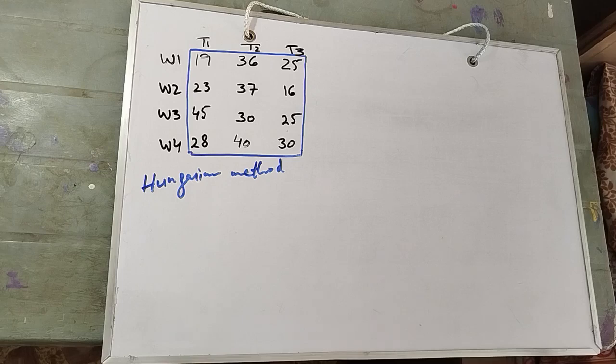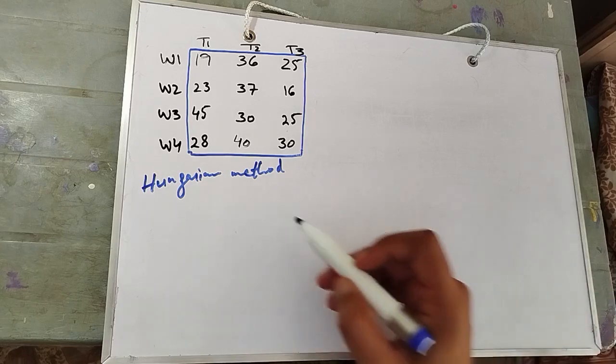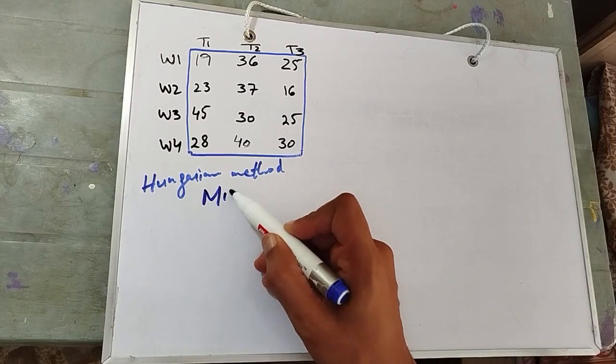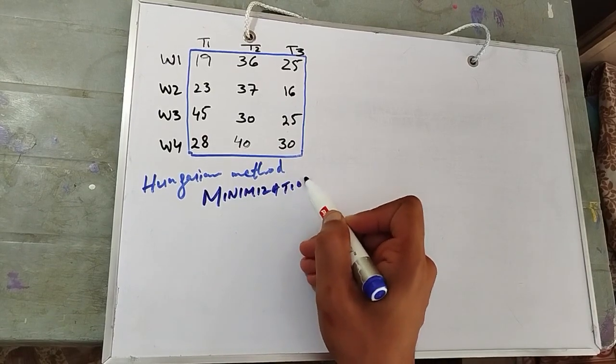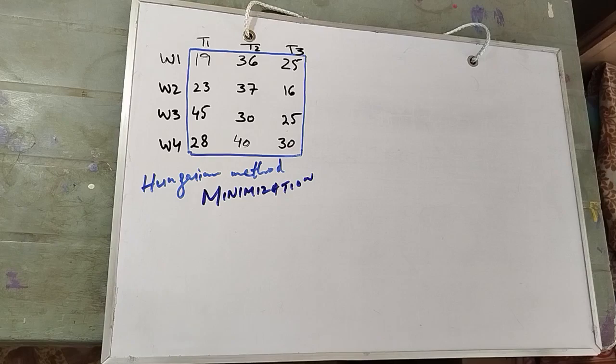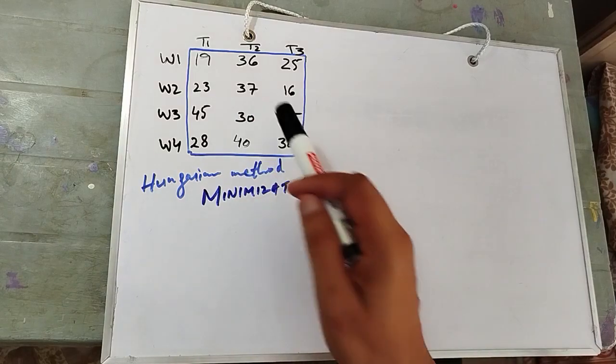It needs to be balanced so that we can find a proper assignment. Plus, we always minimize. Since it is a minimization problem, we have to minimize the total cost or the time. You may say these are the times.